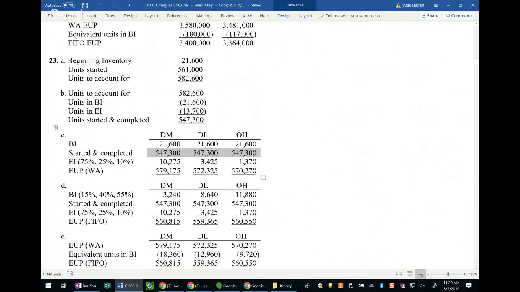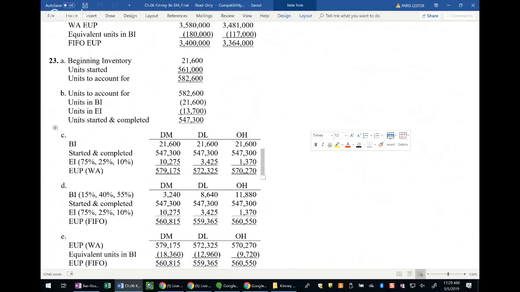All right, ending inventory, direct labor was only 25% completed, and overhead was only 10%. 10% of 13,750. All right, so here's your equivalent units for all three items: materials, labor, and overhead.